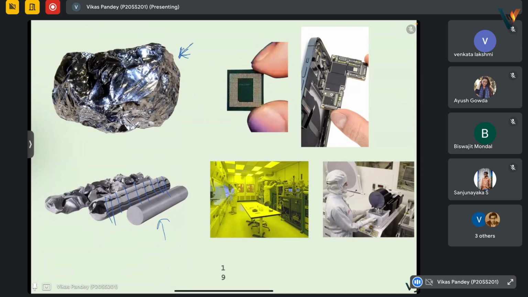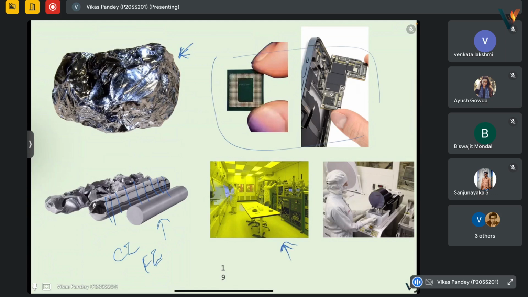We will not be covering this. CZ and FZ processes are there to fabricate this. One important thing, which is relevant in the sense of what kind of environment is to be used for fabricating these devices.